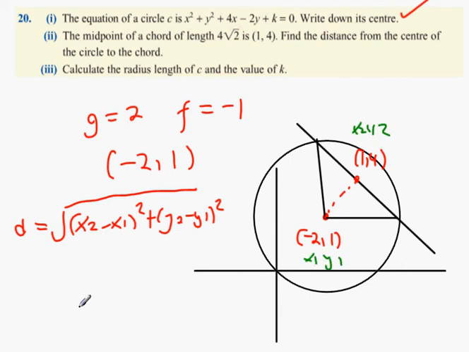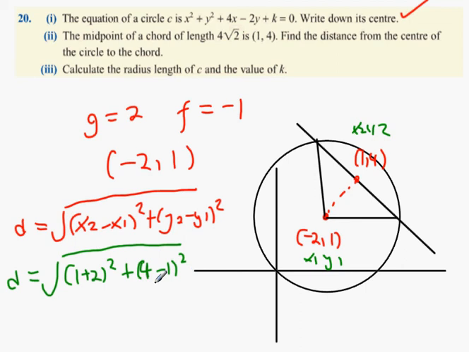Our d value is going to be x2 minus x1, which is 1 minus minus 2, and then y2 minus y1, 4 minus 1, right? 3 squared plus 3 squared, root 18. Root 18 is otherwise known as 9 root 2.